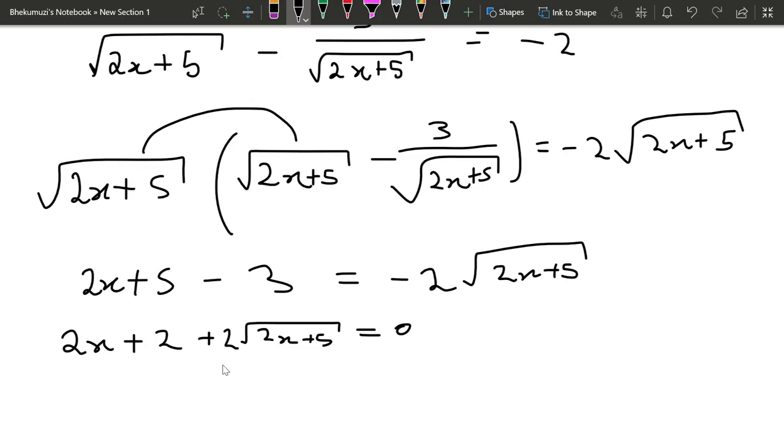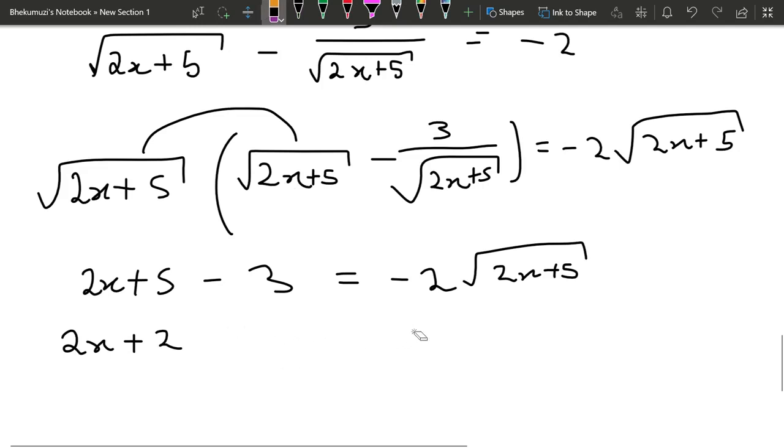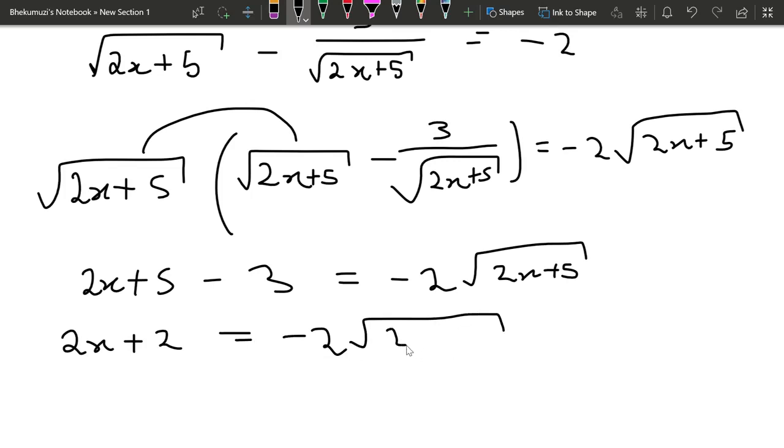In this case, you could have done it as previously, but let's try and do it a bit differently. So here, you've already gotten that it's 2x plus 2, which is -3, and then you have on this side a square root on its own, right?